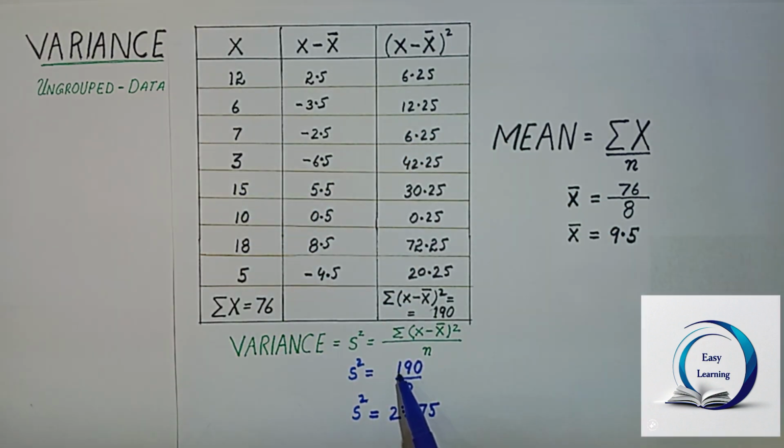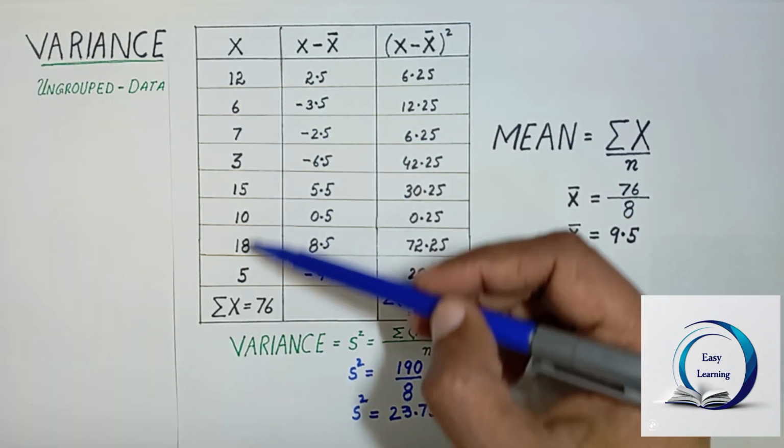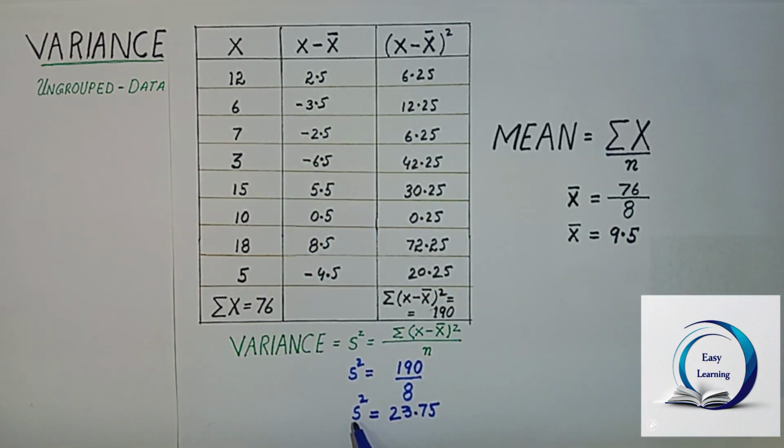So we divide 190 by 8 and variance s square is equal to 23.75. So here students, for this ungrouped data, the variance is 23.75.